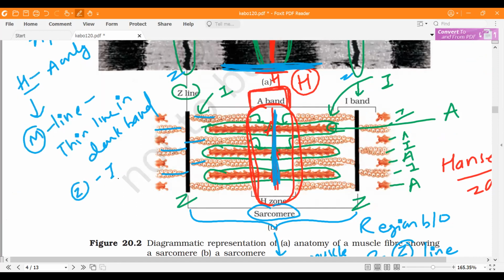While the light band will allow the light to pass through, so it is termed isotropic in comparison to the dark bands.